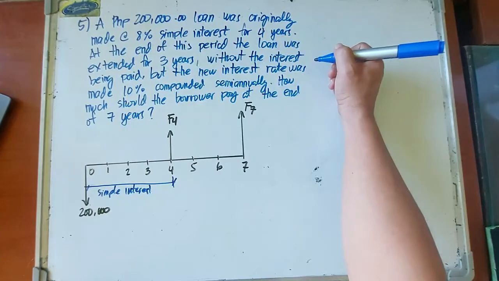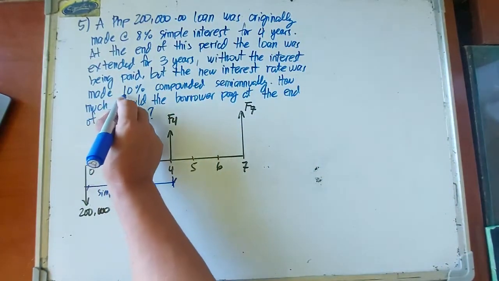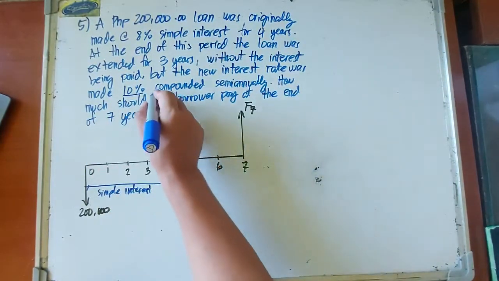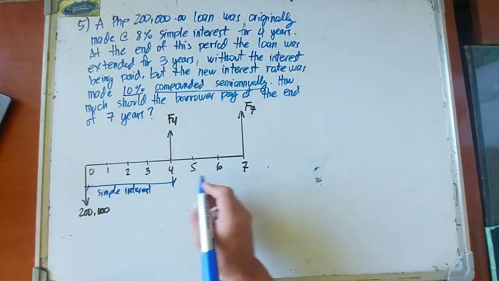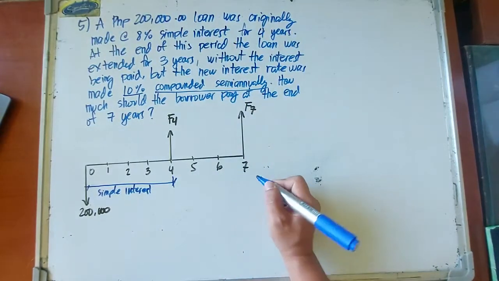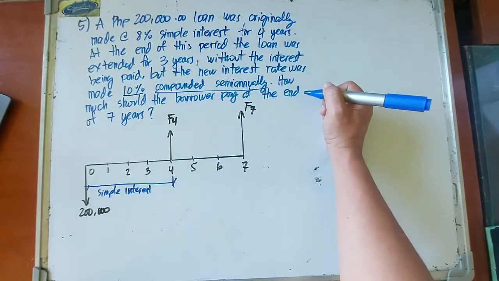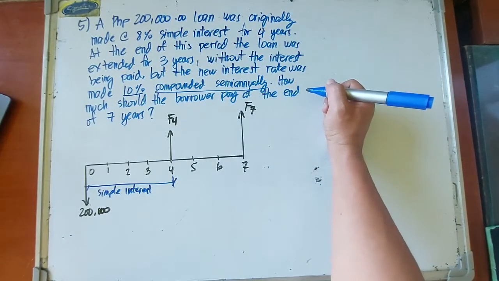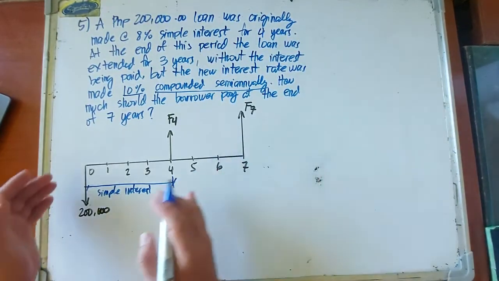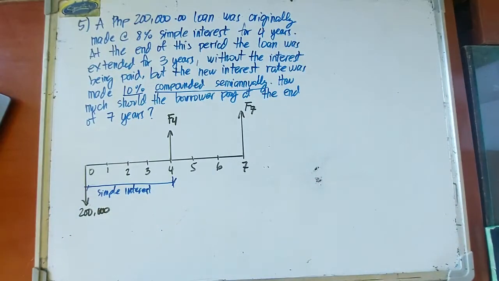So the new interest rate is 10% compounded semi-annually for the next 3 years. How much should the borrower pay at the end of 7 years? Originally 4 years, the payment became 7 years.